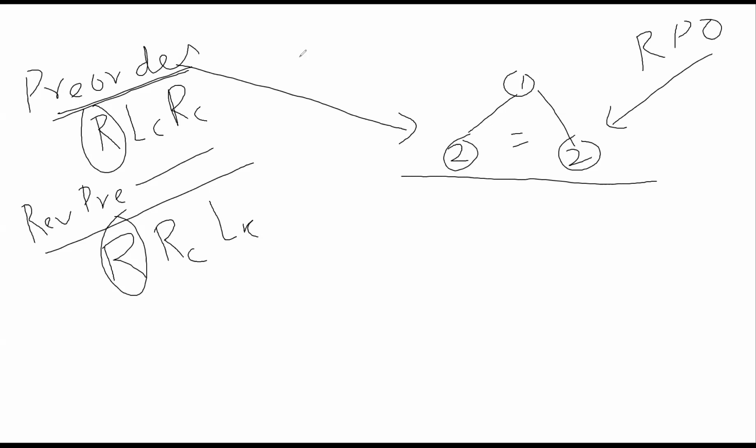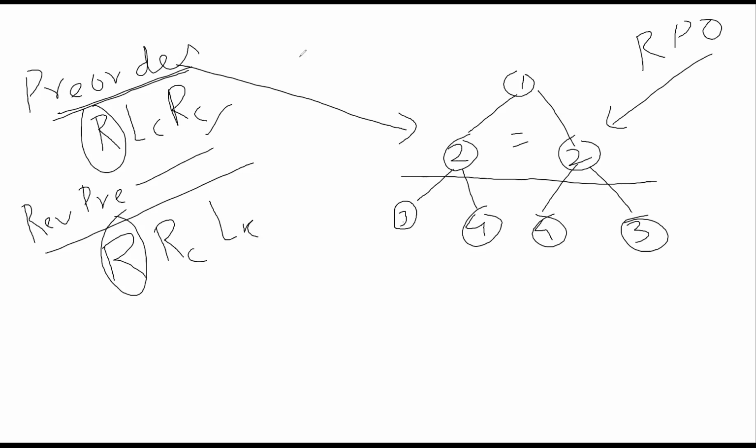Now we take the left child of this one, it's 3, and for the other iteration, we check the right child. Are those two the same? Yes. Let's move ahead. From the right child, we'll see 4, and from here, we'll see 4. Both of them are the same.